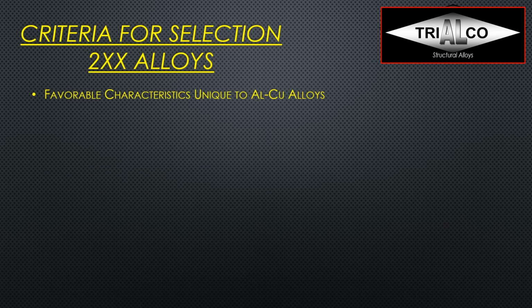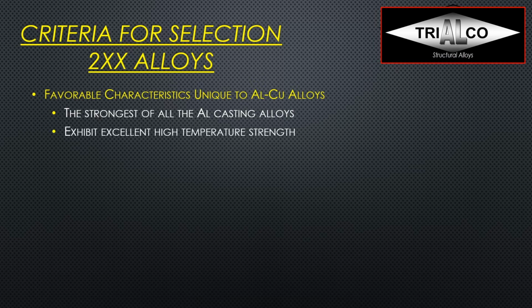We saw that before with the mechanical properties. If I need high strength, then I would definitely want to look into the 200 series alloys. That's the aluminum copper alloy family. It's the strongest of all aluminum casting alloys. They exhibit excellent high temperature strength. I mentioned before, copper is very resistant to high temperatures up to 250 degrees Celsius.